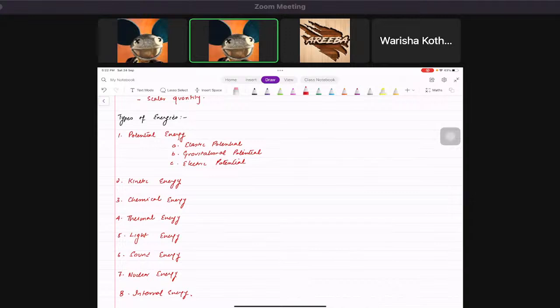Now, these energies are largely like, you know, elastic potential is due to change in shape. Gravitational potential is due to gravitational attraction.